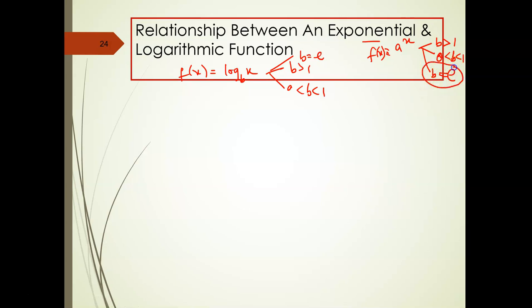When your base is e, it actually belongs to this group. The graph will be the same. What changes is just the value of the coordinates. The whole graph will look the same.